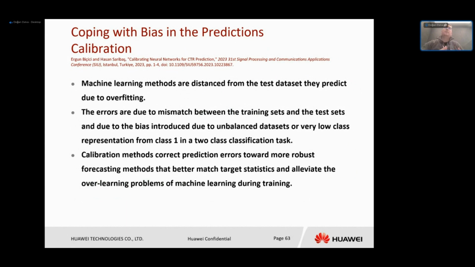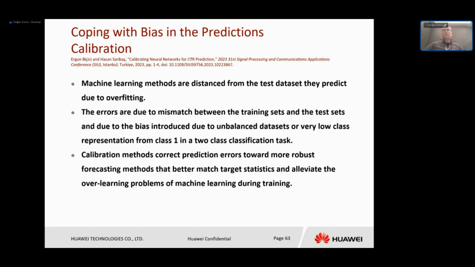Calibration methods use a validation set or training set whose distribution is close to the test set to calibrate the results. So they build another machine learning model on top of the predictions to adjust the predictions and scale them towards actual CTR values so that the bias is decreased.